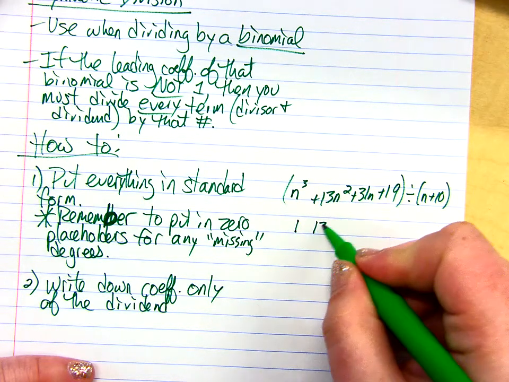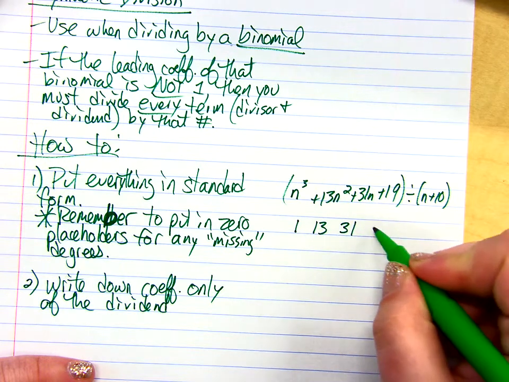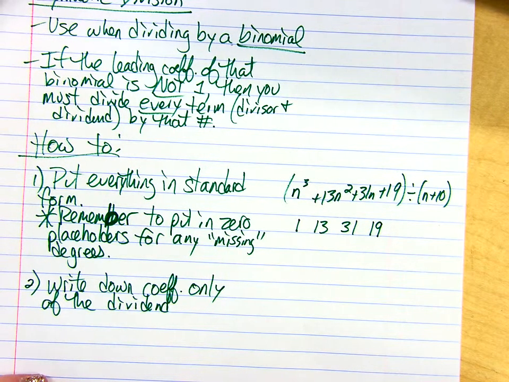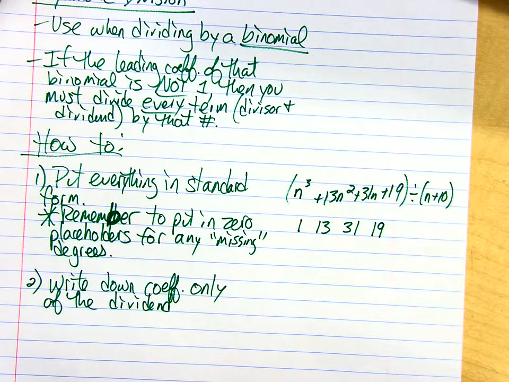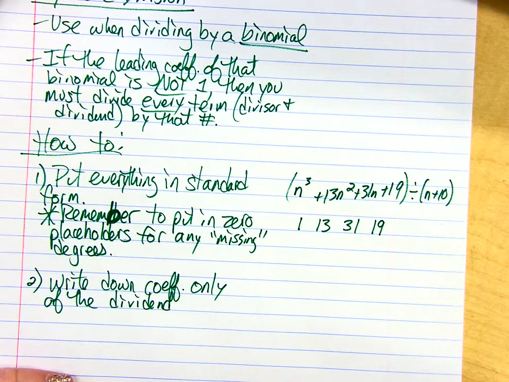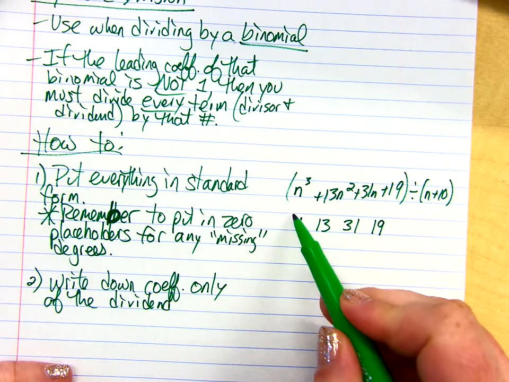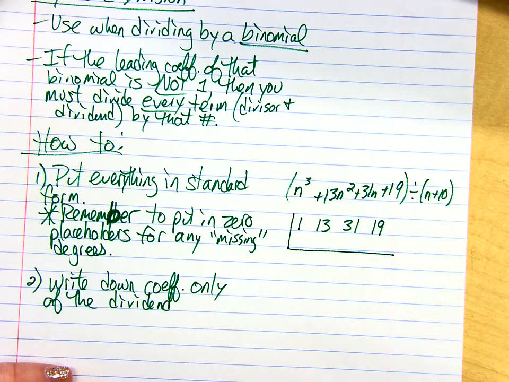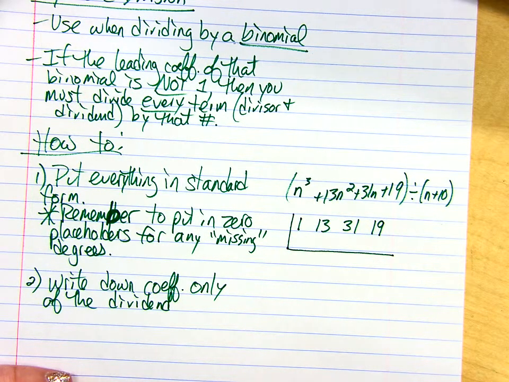These all happen to be positive, but if any of them were negative, I would make sure to copy it down as a negative. Okay, so there's that. And then I draw this L shape. Everybody does this a little bit different, but I just kind of draw that. You do what you want. It just sort of separates what I'm plugging in, what I'm not.